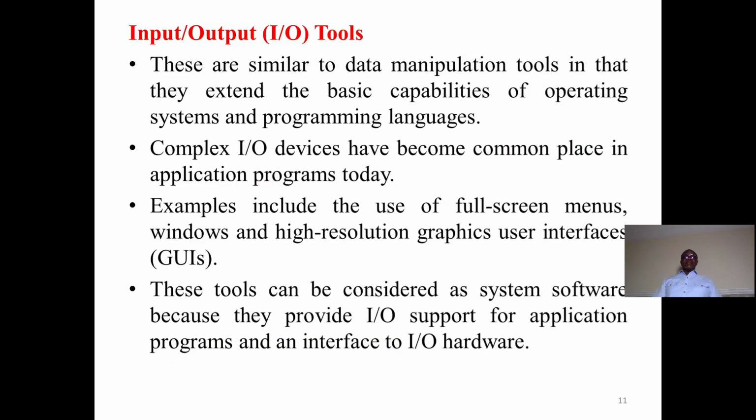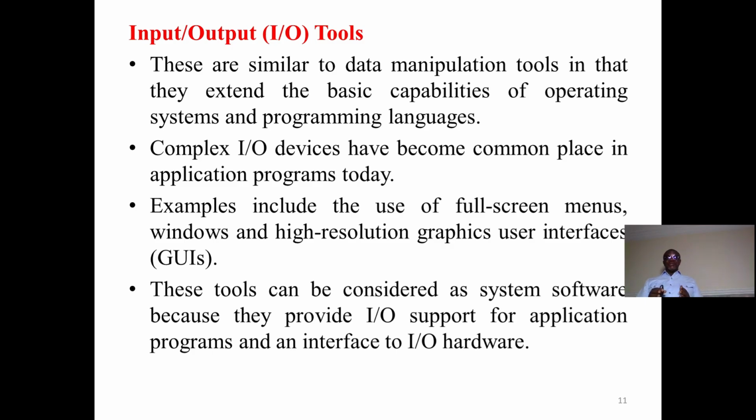So the last one there is the input, output, otherwise known as the I/O tools. These are similar to data manipulation tools in that they extend the basic capabilities of operating systems and programming languages. Complex input-output devices have become commonplace in application programs today.